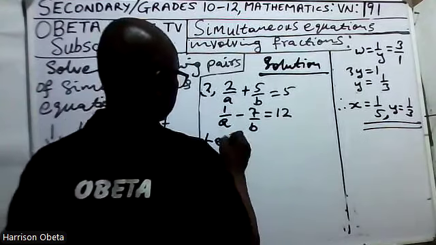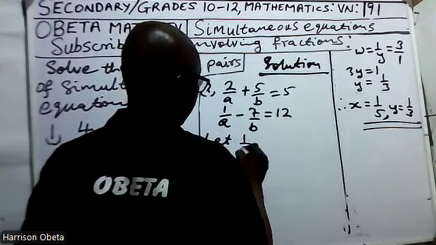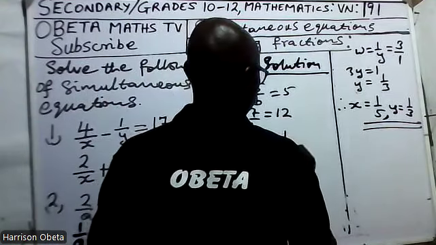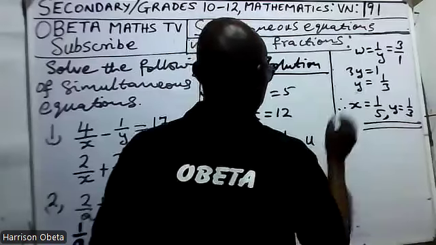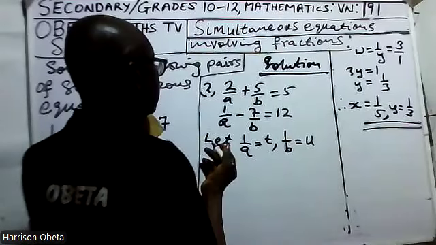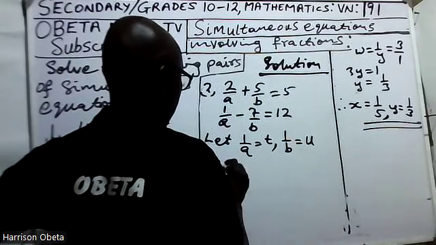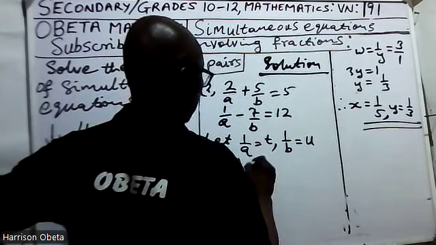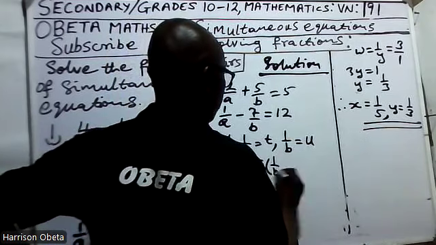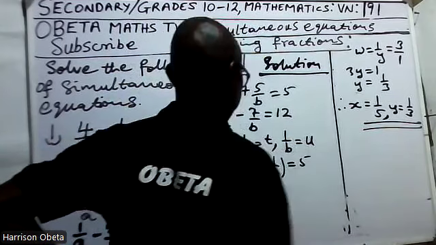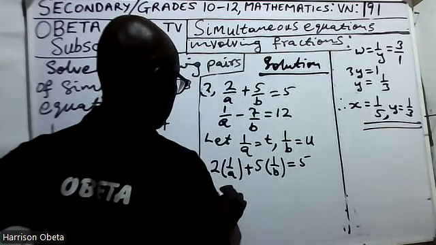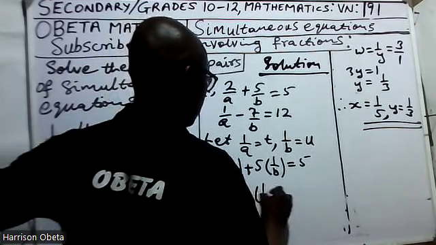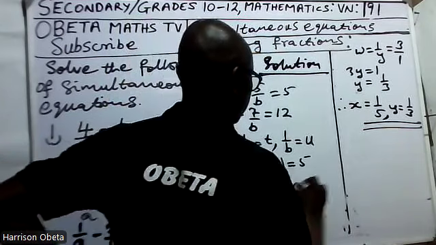Again, let 1 over a equal to t, while 1 over b equal to u. And then rewriting the whole thing, we have 2 bracket 1 over A plus 5 bracket 1 over B is equal to 5. And then secondly, 1 over A minus 7 bracket 1 over B equal to 5.